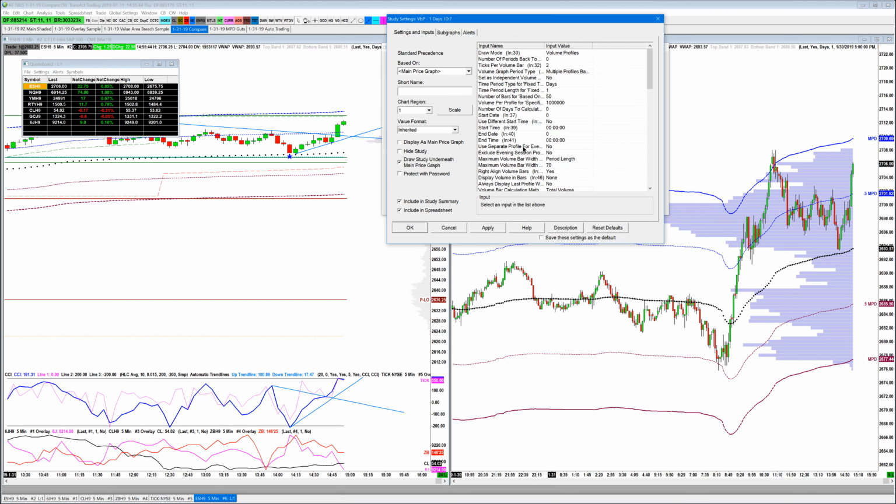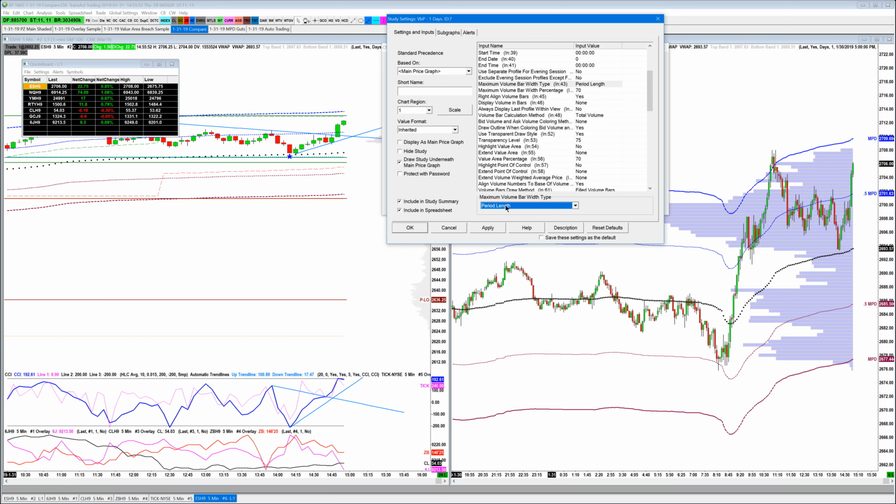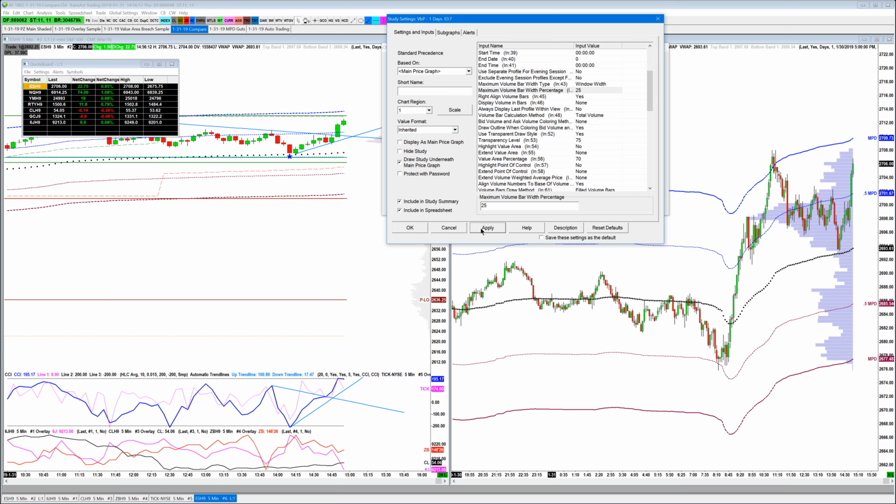So what I usually do is look at this section here that says maximum volume bar width type, which you'll see defaults to period length, which basically means that it's basing the percentages on the full day, even if we're not looking at the full day. I don't really like to do it that way. I like to do it based on the width of the window. So if the window is shorter, it gives me smaller bars, and I like to lower the percentage of the window width to a really small number, like 25 or 20, like that.